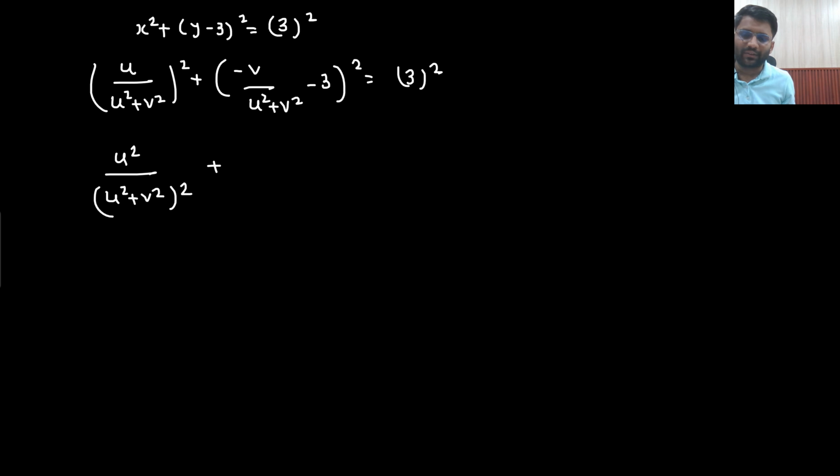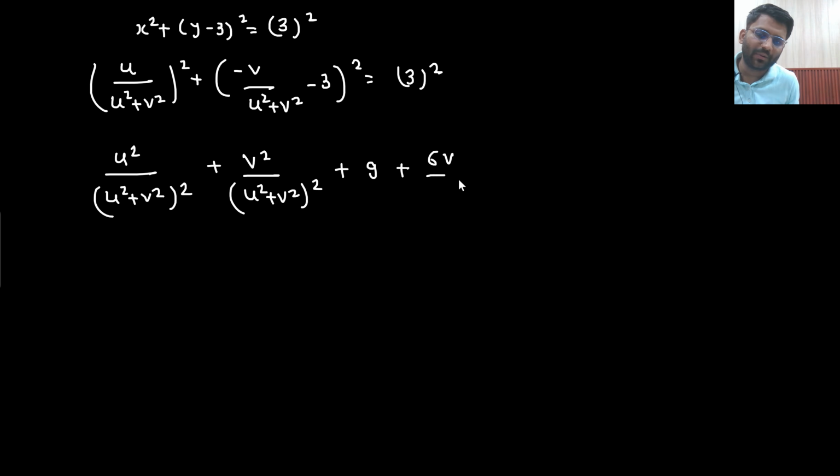Okay. So what I was writing down, v square upon (u square plus v square) whole square plus 3 square, which is 9, plus 2 into 3 into v, this will become 6v upon u square plus v square, equals 9. 9 and 9 get cancelled out.